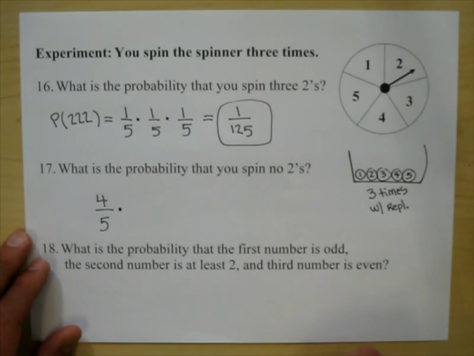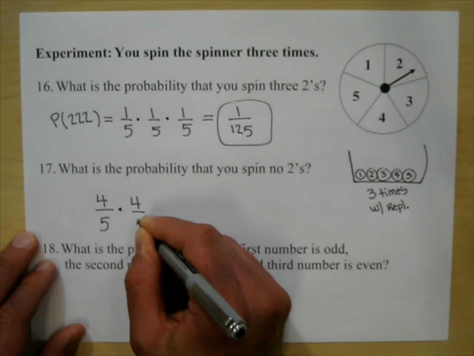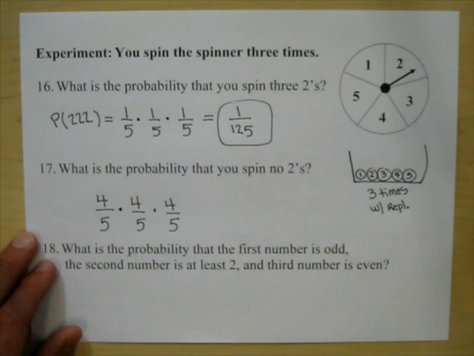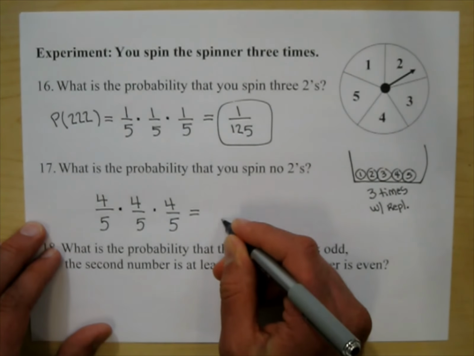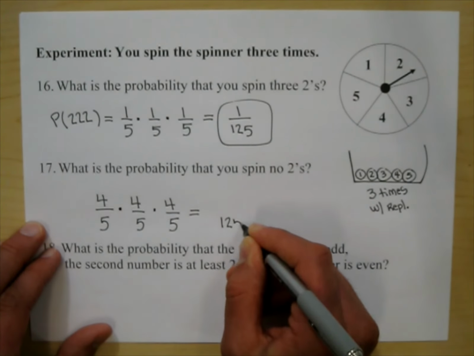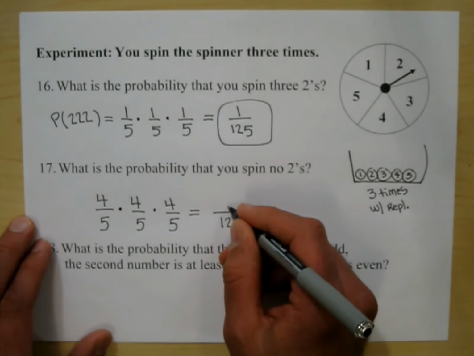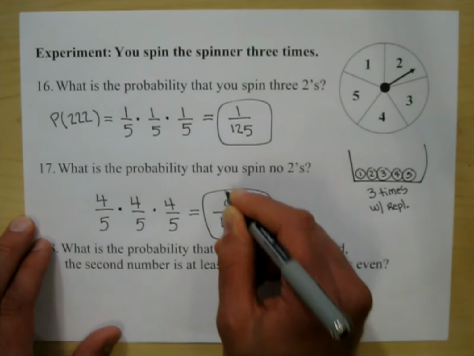So we can do that in that order. Times 4/5 times 4/5. Okay, nothing cancels with those 5s, so we know we have a 125 on the bottom. 4 times 4 is 16. 16 times 4 is 64. So we have a 64 on the top.